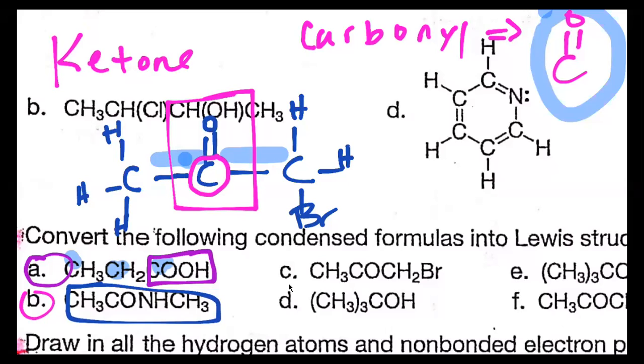Notice with the carboxylic acid, what was on one side of that? Was it an oxygen? It was an OH, right? And a hydrogen. What about the amide? It was an N. A nitrogen, right? Do you see how all you got to do is change one connection, and that's going to change the whole molecule.